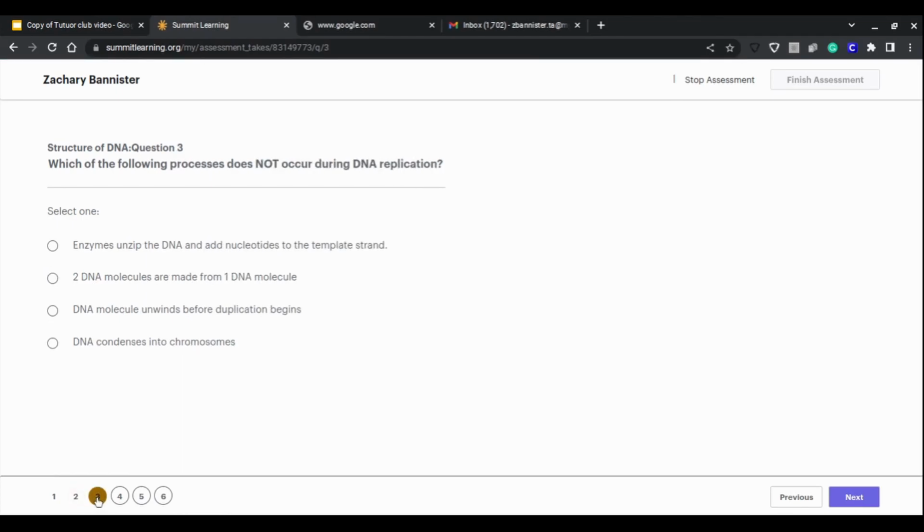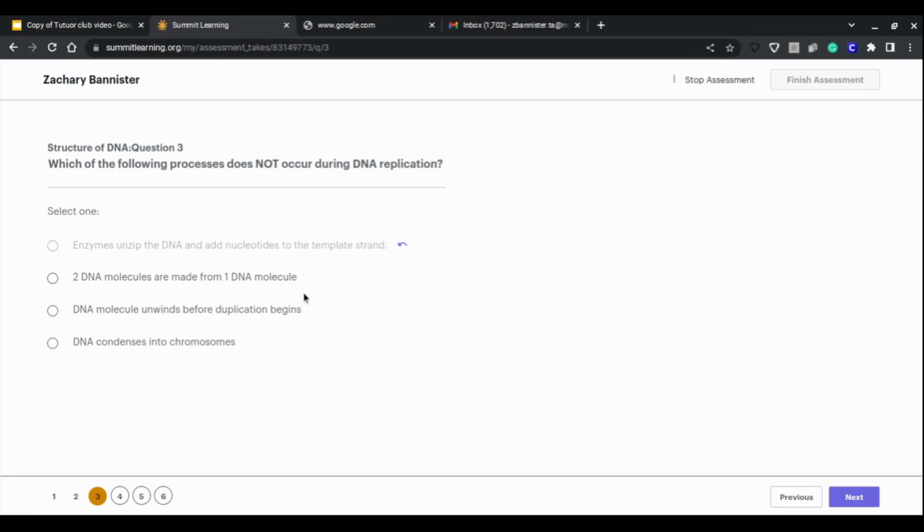Which of the following processes does not occur during DNA replication? Well, we can start with the first option here. Enzymes unzip the DNA and add nucleotides to the template strand. Well, we know they unzip, and we know that they do that. So, not that one. Two DNA molecules are made up from one DNA molecule. Well, it's in the name, replication, duplication.